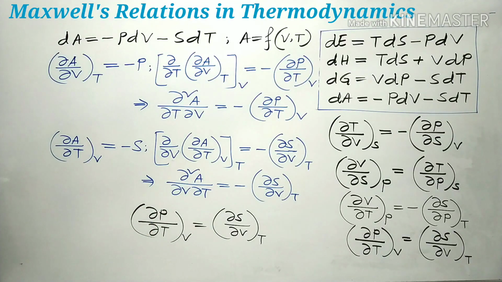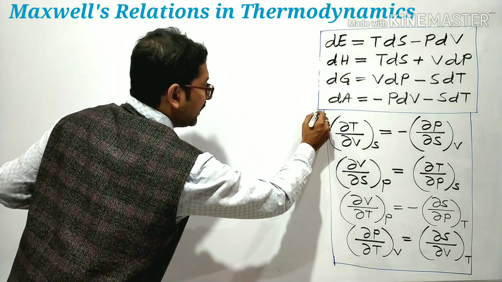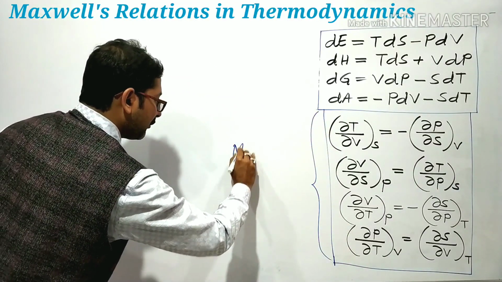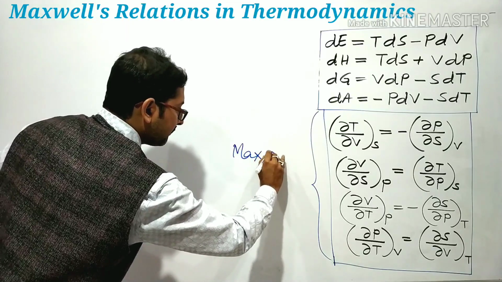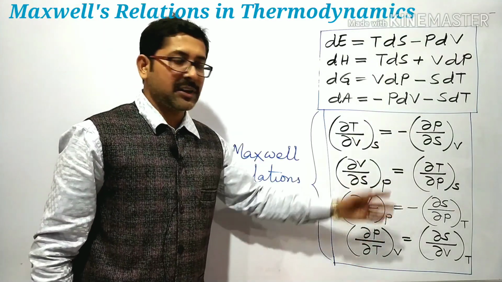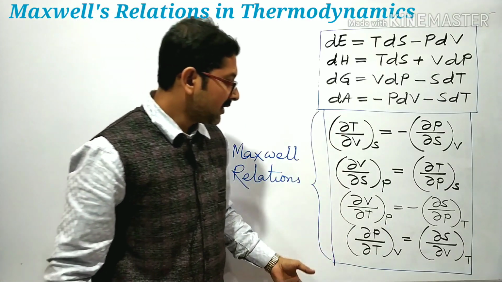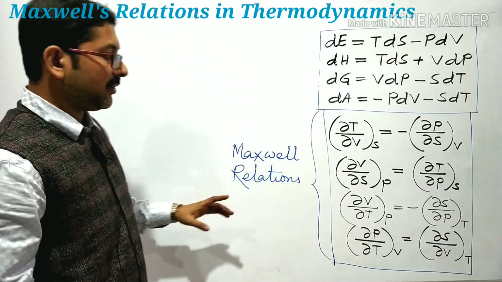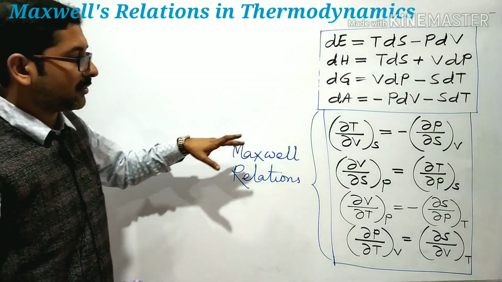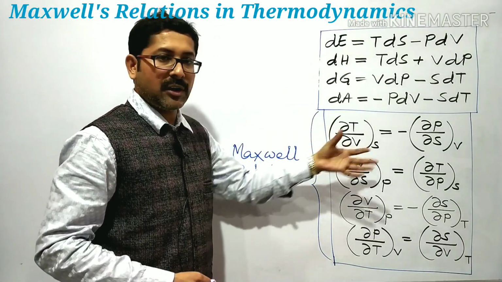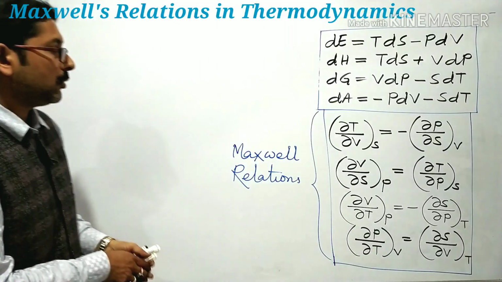So we have the four thermodynamical relations, Maxwell relations. These four are known as Maxwell relations. These are very confusing relations, definitely. They look to be confusing. So we have some rules, some mnemonics rather, to memorize these relations.